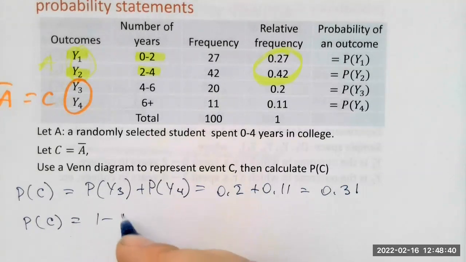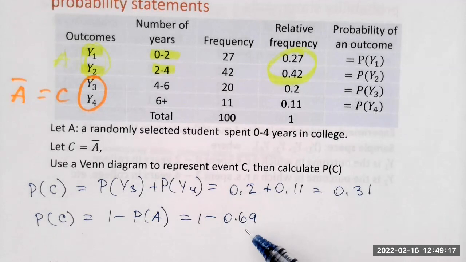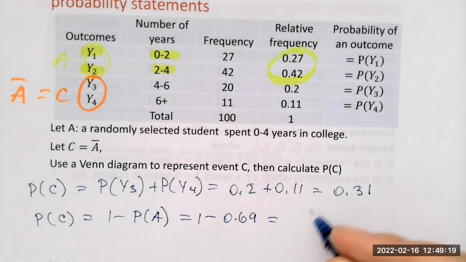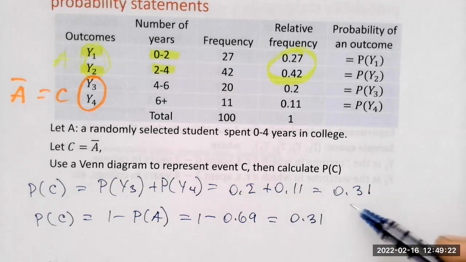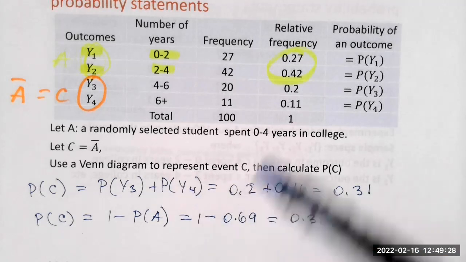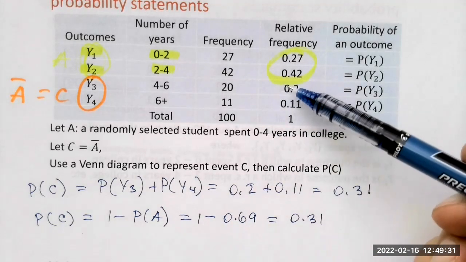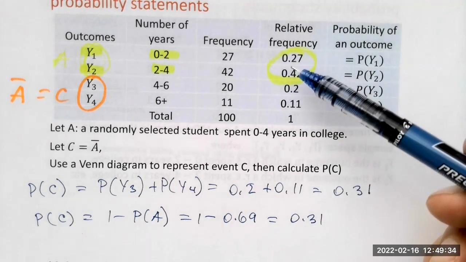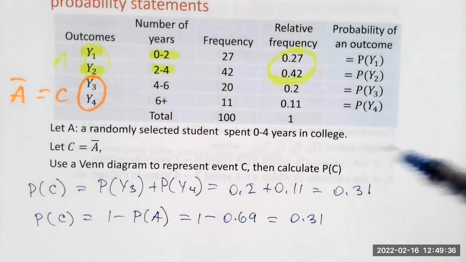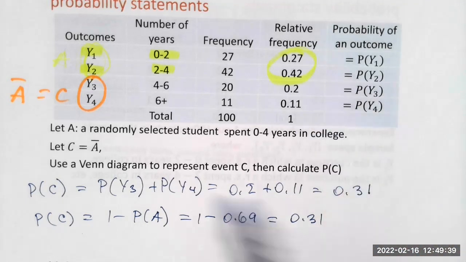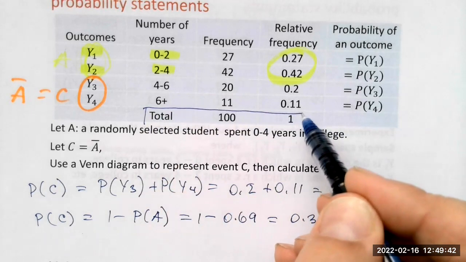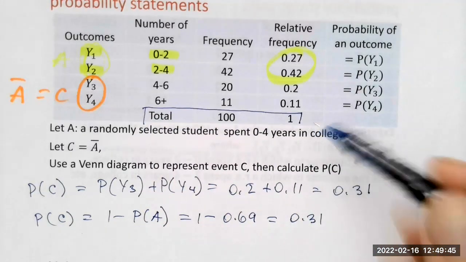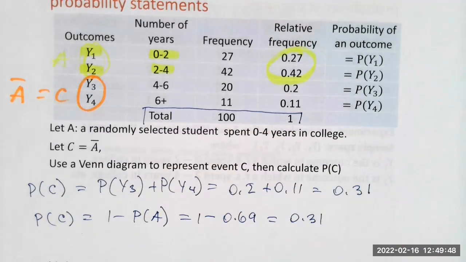So 1 minus the probability of A, which was 0.69, and the result is going to be 0.31, exactly the same as what we found earlier. So two ways to figure it out: add up all the probabilities that are not in event A, or just subtract the probability of A from a total of 1. Now this row is our totals. It's not included in the sample space.